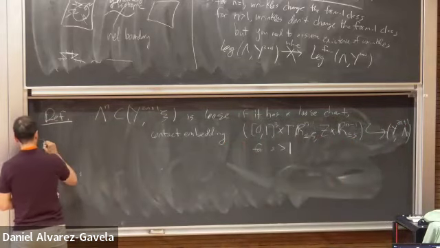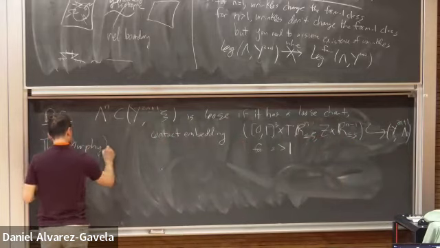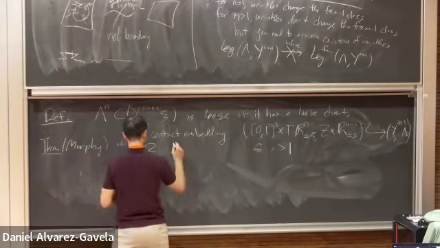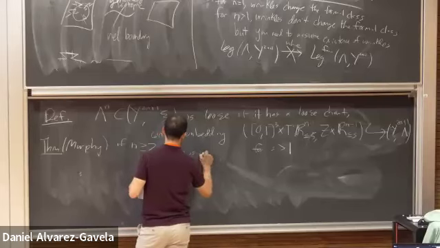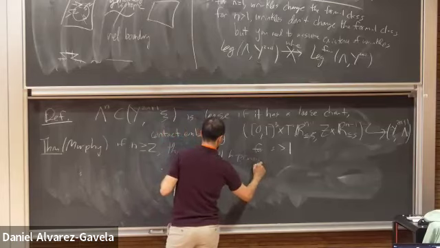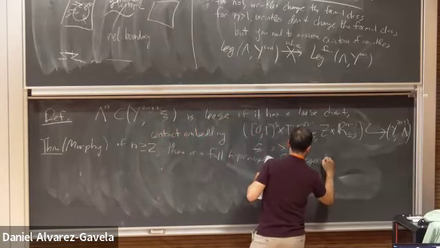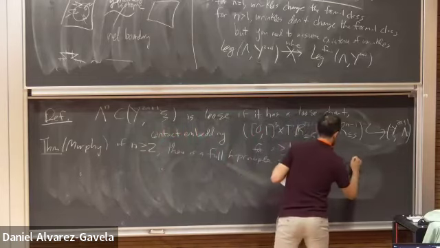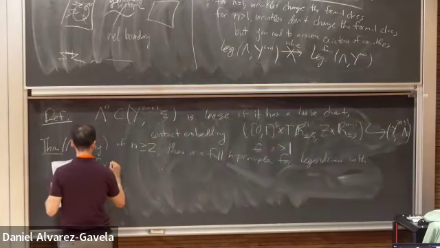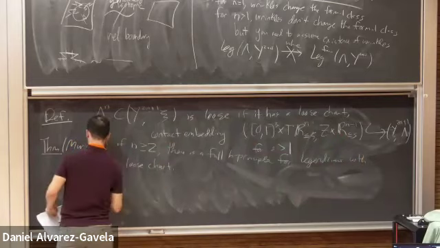Okay, so now let me state the h-principle, which is due to Murphy. It says that if n is greater than or equal to 2, there is a full h-principle for Legendrians with fixed loose charts.